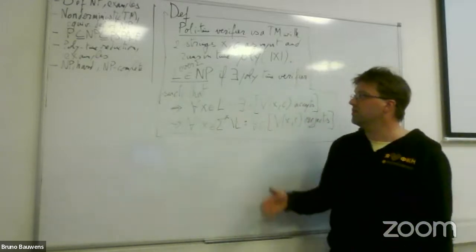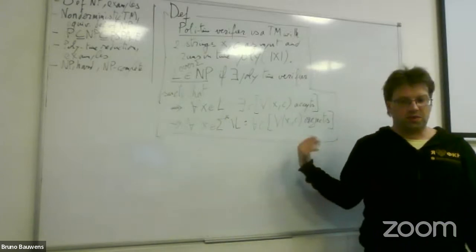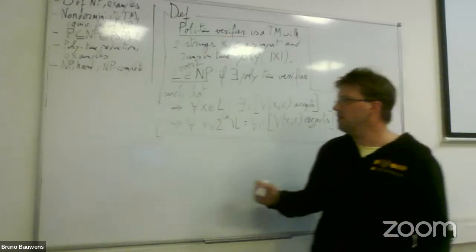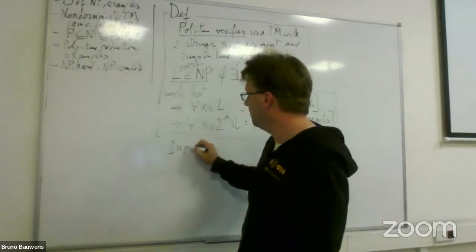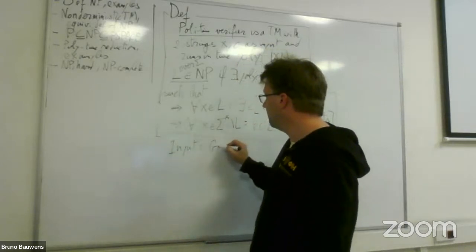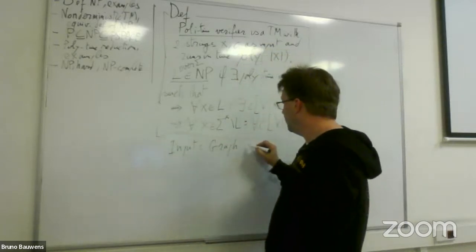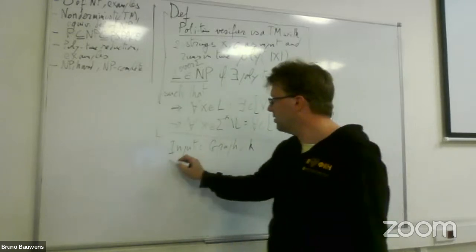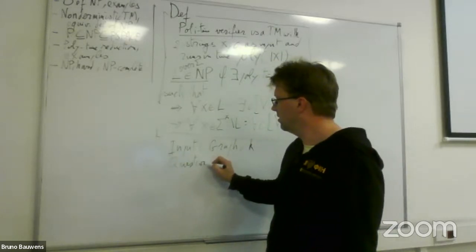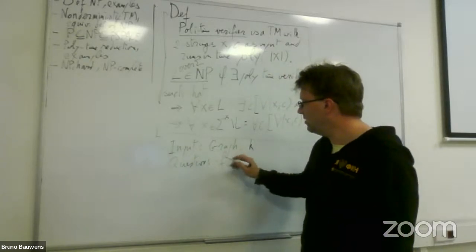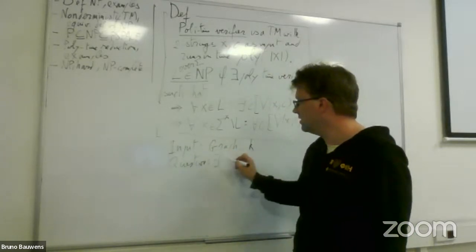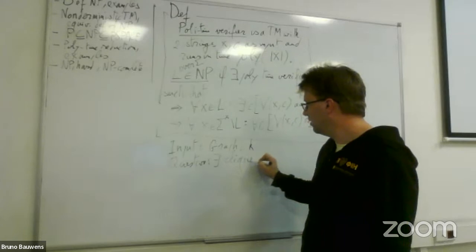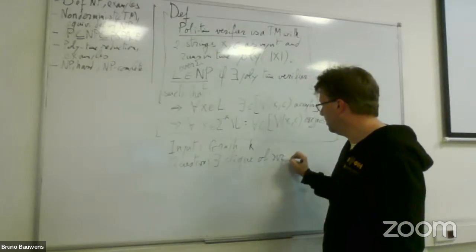So, okay, that's the definition. Let us look at the clique. The input problem is a graph and a number k, and the question: does there exist a clique of size k in the graph?